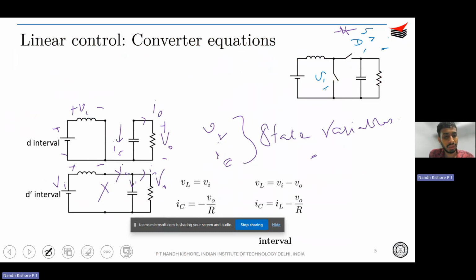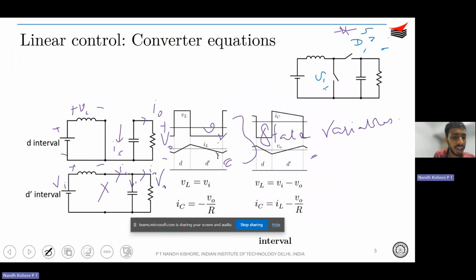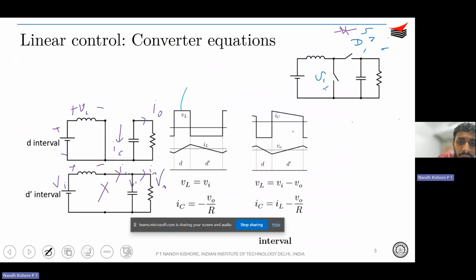With this knowledge, let us plot the waveforms for VL and IC. You understand over here for both VL and IC, you have distinct positive areas and negative areas, right? So you have VL equal to VI during the D interval, and during the 1 minus D interval, you have VL equal to VI minus V naught.